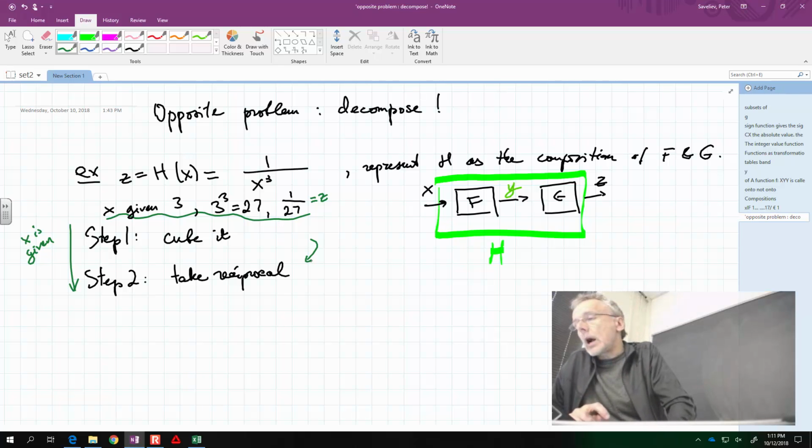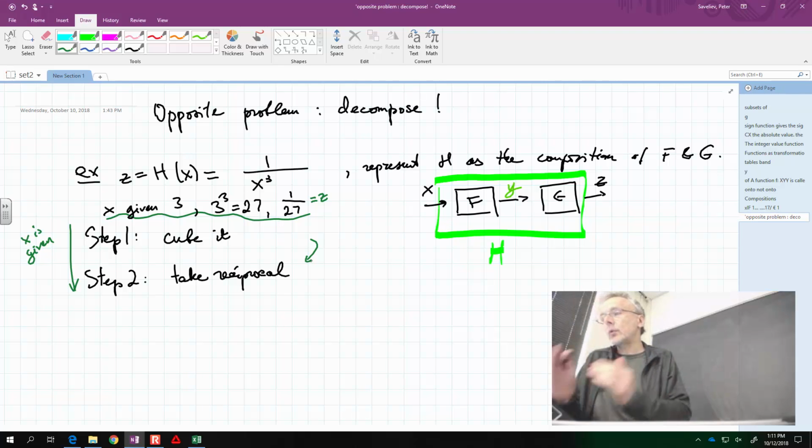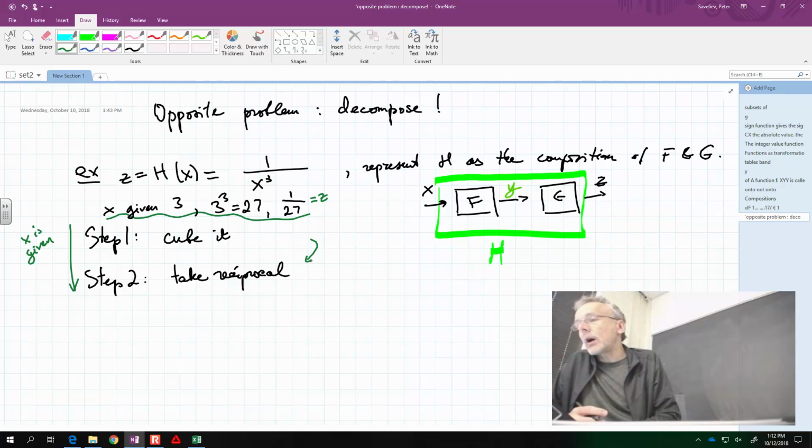But as a manager, the challenge you would be facing is to be able to pass along, like I said, seamlessly. And what is seamlessness? Seamlessness is knowing the domain and the range. So you should know ahead of time what kind of values are going to be plugged in.